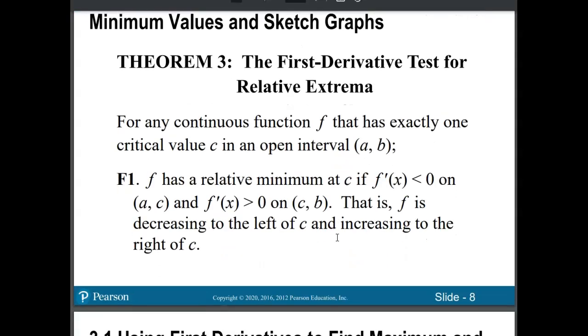All right, the first derivative test for relative extreme says for a continuous function f that has exactly one critical value, c, in an open interval from a to b, f has a relative min at c if the first derivative is less than 0 between a and c, and the first derivative is greater than 0 from c to b, meaning f is decreasing to the left of c, and f is increasing to the right.